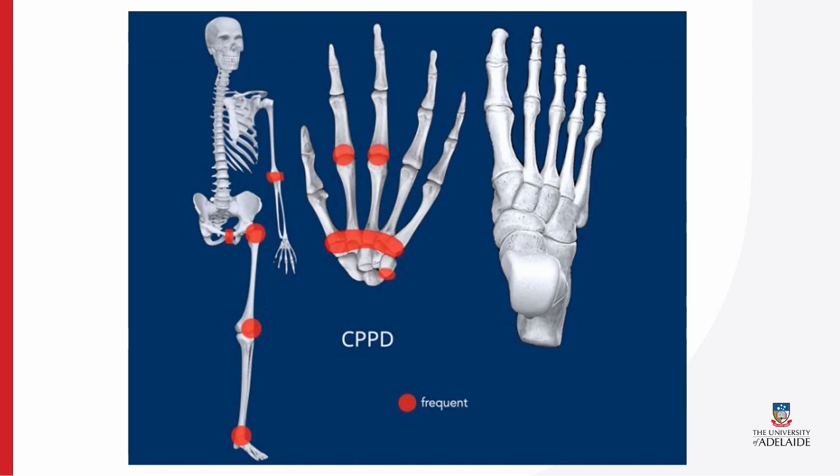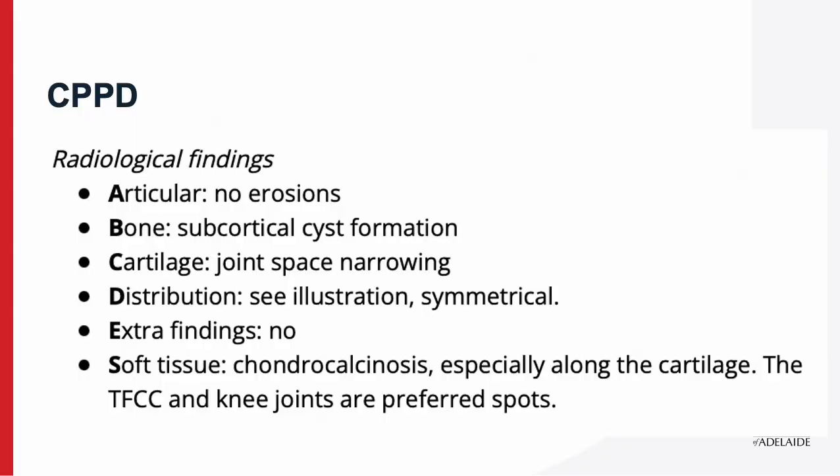The distribution is different. The key things are the index and middle finger MCPJ, the carpometacarpal joints, and also involving the hip, knee and ankle, pubic symphysis and the elbow.